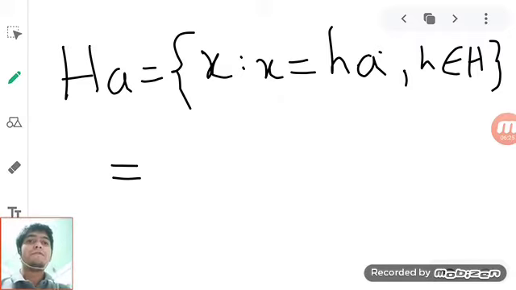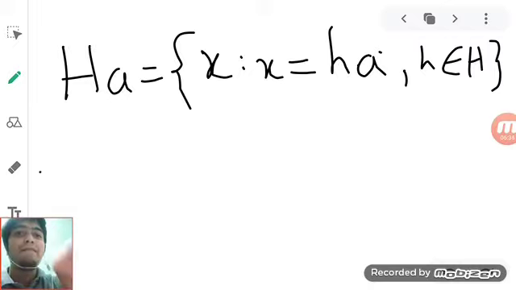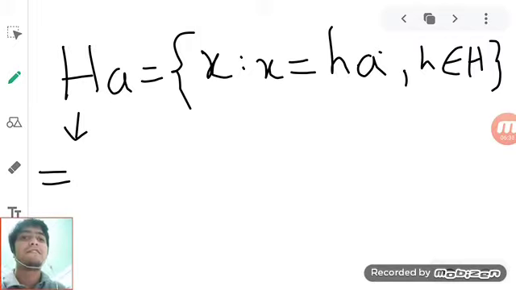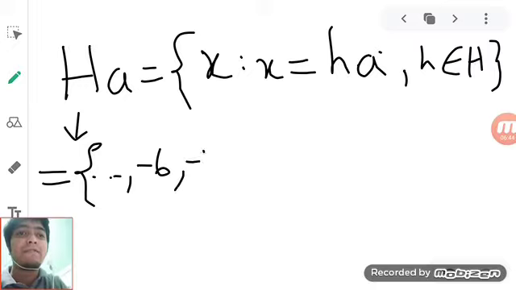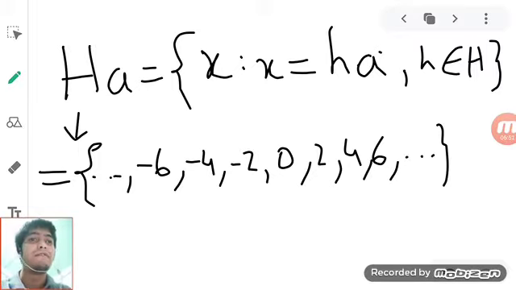Alright, so from this line you can easily write it in this way. HA is equal to, just write the subgroup H, so it is a set of even integers: -6, -4, -2, 0, 2, 4, 6, and so on till infinity.